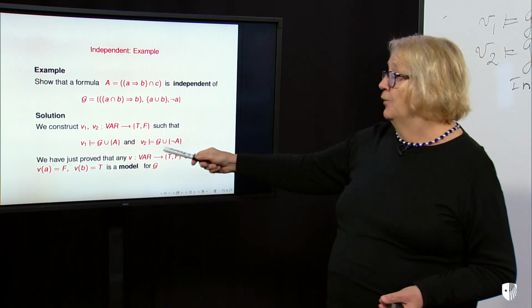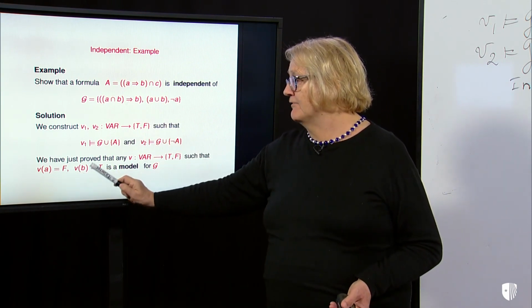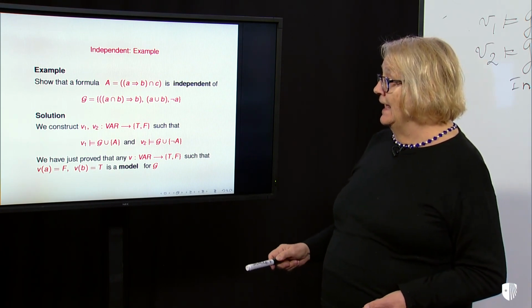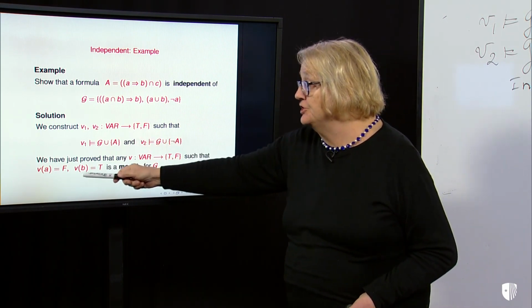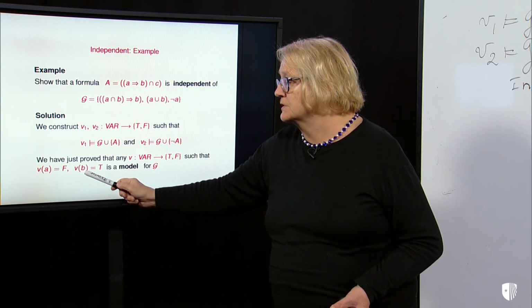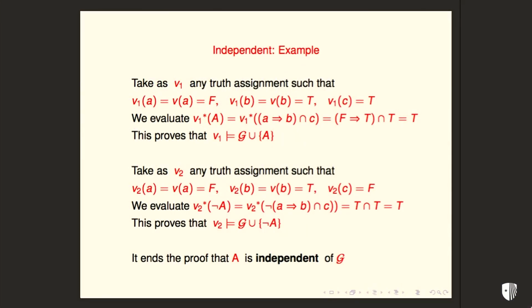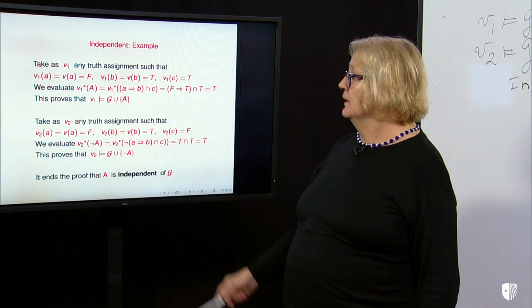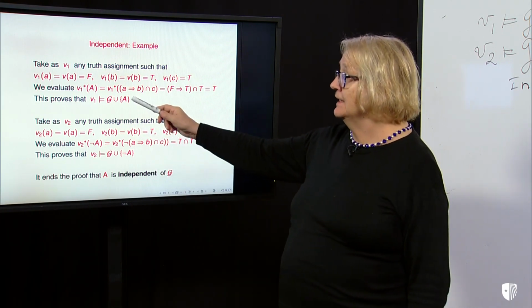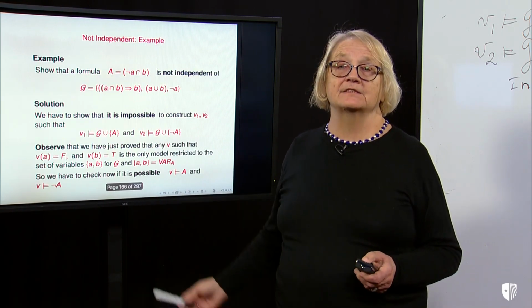One would be a model for G, which was A equal F, B equal T, and V1 has to be a model for G. So you know that for A and B, because that was the only model, it must be like that, and the formula has a C. Let's take V1, our model for G, and we put C equal T. And let's take another V2 where we put C equal F, and we get that V1 satisfies this and V2 satisfies the negation. So we prove that A is independent.